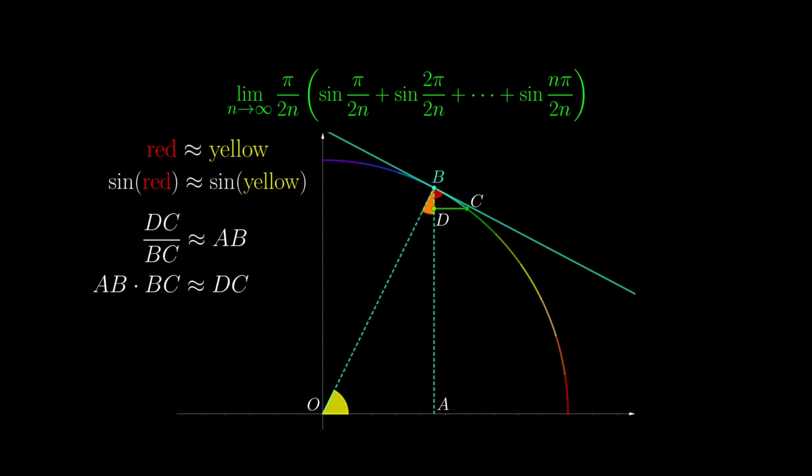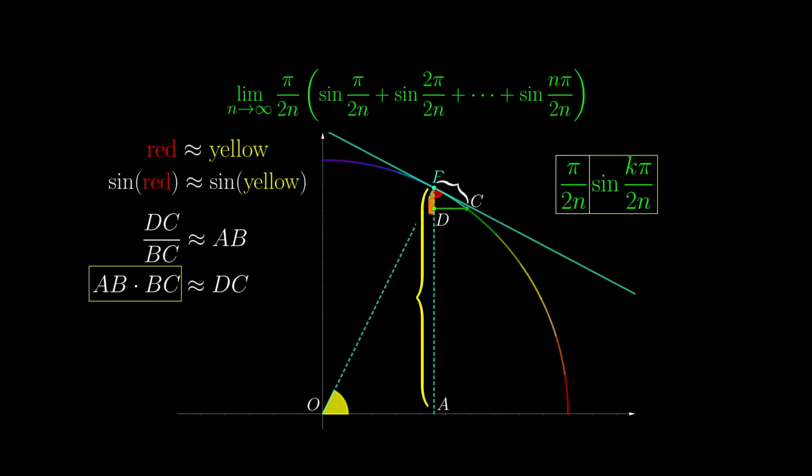Why is this amazing? Remember that AB times BC is the so-called abstract product we have been looking for. And now we have transformed it into something more concrete, the length of DC. What I like to think is that this product is the projection of the arc BC onto the x-axis.